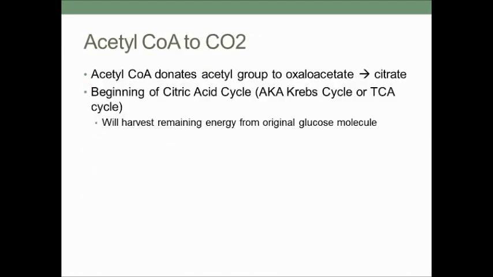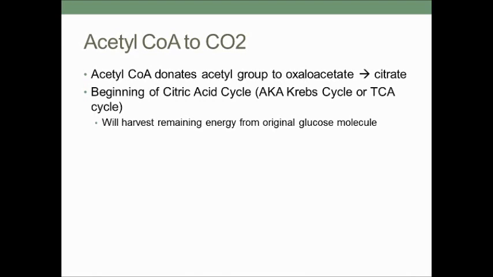Acetyl-CoA will then donate an acetyl group to oxaloacetate, which is one of our first products in the citric acid cycle, to form citrate. And that is the start of the citric acid cycle. You may have also heard it called the Krebs cycle or the TCA cycle. Any of the above will work.